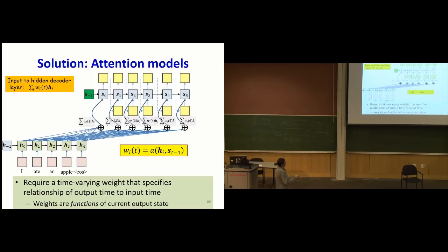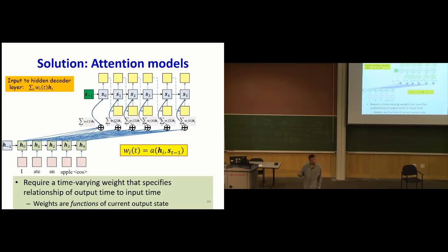So knowing that this state has ich habe einen Apfel gives me information that the next word I must be producing must have some relation to the act of eating. So the weights that I will use to combine these hidden representations to input to this state are going to be a function of the hidden state here.